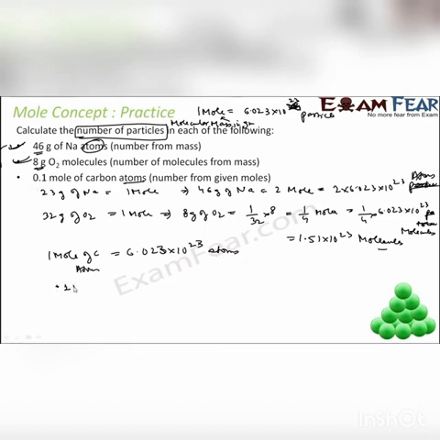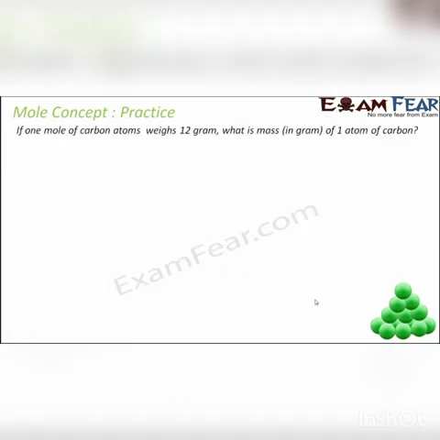So 0.1 mole will be what? 0.1 mole of C atoms will be 0.1 into this value, about 6.023 into 10 to the power 22 atoms. Okay.